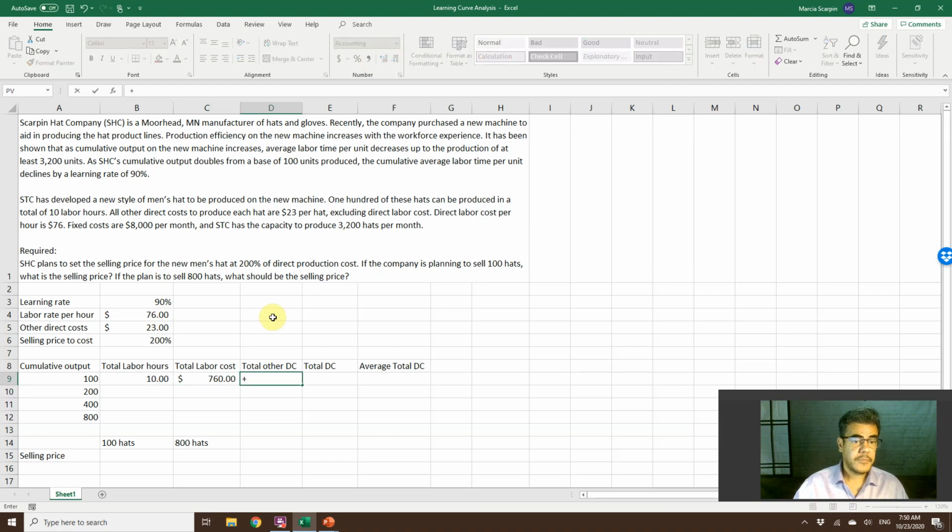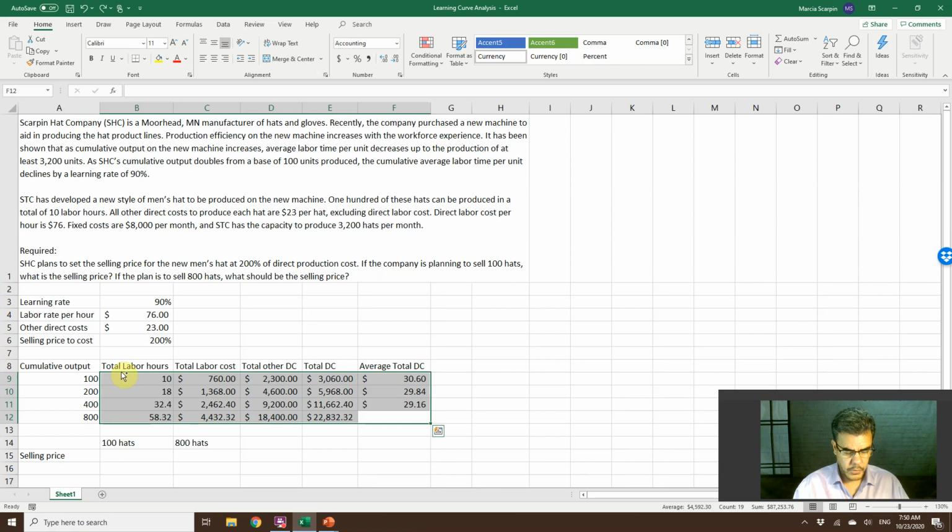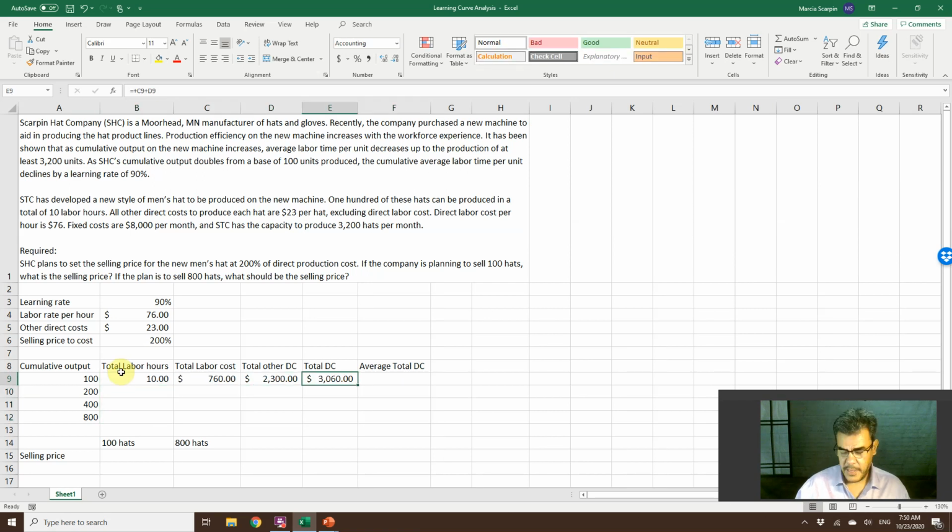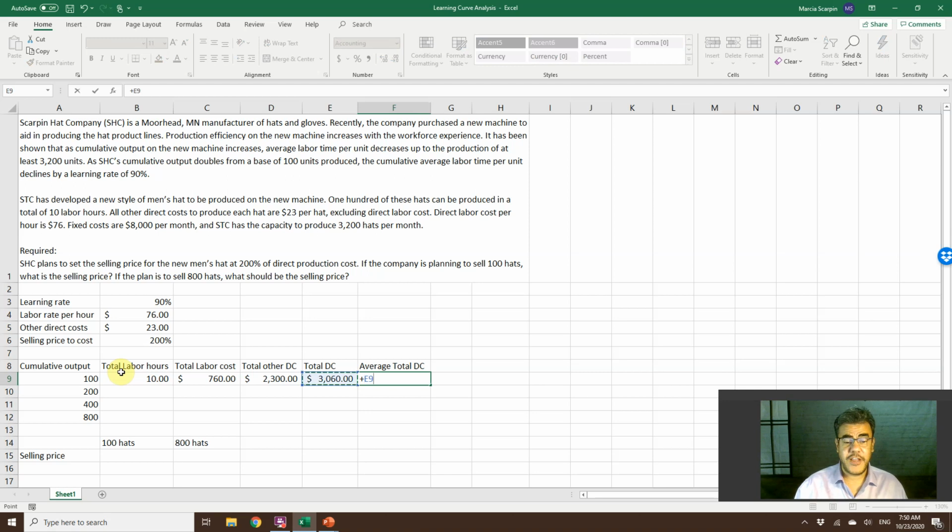Other direct cost is $23 per unit times 100 units. So our total direct cost will be $3,060. And the average cost, or the unit cost, is 3,060 divided by 100.